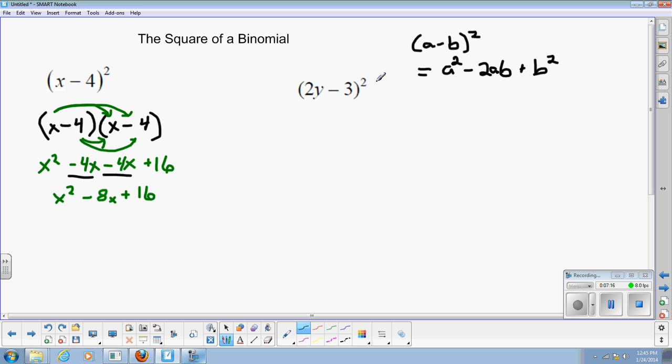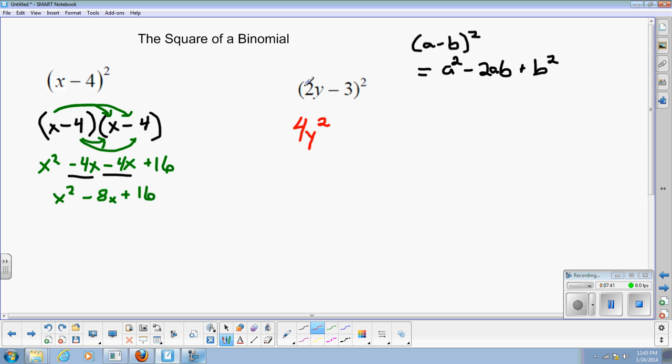So now let's try to use that pattern with this 2y minus 3 squared. My answer will be the first term squared, 2y times 2y. That answer is going to be 4y squared. Now I want to follow my pattern: minus 2 of a times b.